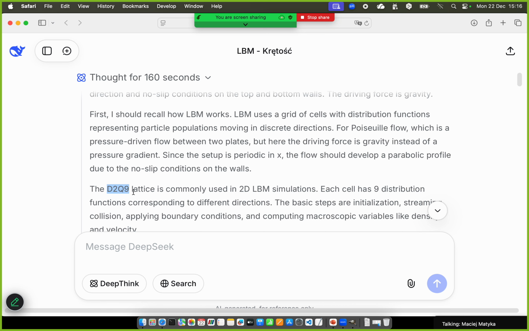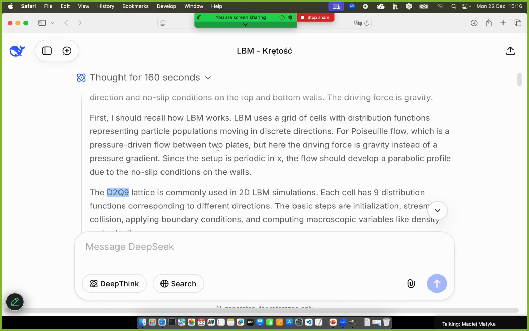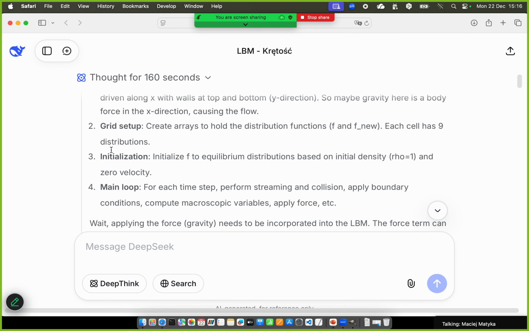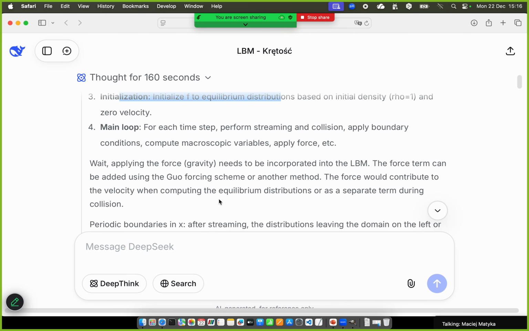So basically, it knows that this is lattice Boltzmann because it is selecting one of the most popular models, like the D2Q9. It's a two-dimensional model. Okay, it is summarizing what the user wants to have. So for instance, what are the parameters, what is the grid setup, what are the initializations, and so on. Of course, we didn't put any details about the numerical procedure.